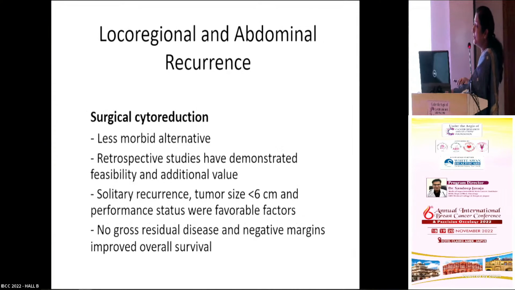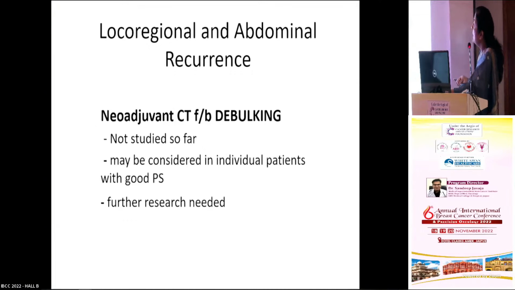Now, surgical cytoreduction is coming more and more in vogue and replacing pelvic exenteration because this is a less morbid alternative. Retrospective studies have demonstrated feasibility and additional value. We need more prospective studies. Solitary recurrence, tumor size less than 6 centimeters, and performance status were found to be favorable factors in various studies, and no gross residual disease as always, and negative margins improved overall survival.